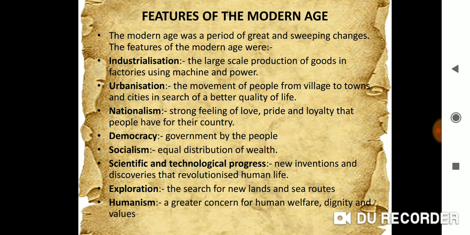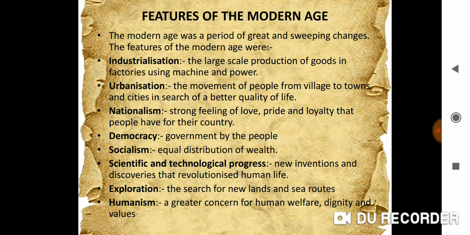Next, urbanization. All of you know that when industrialization happens, urbanization automatically occurs. What is the meaning of urbanization? The movement of people from villages to towns and cities in search of a better quality of life.